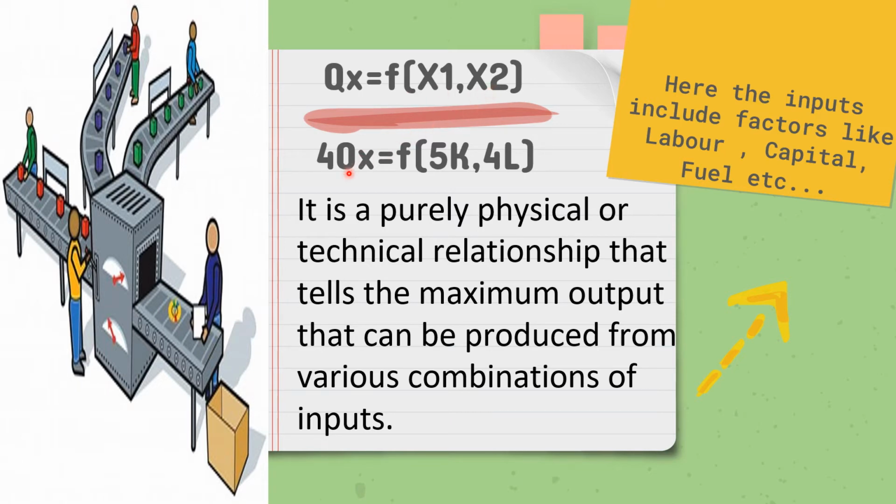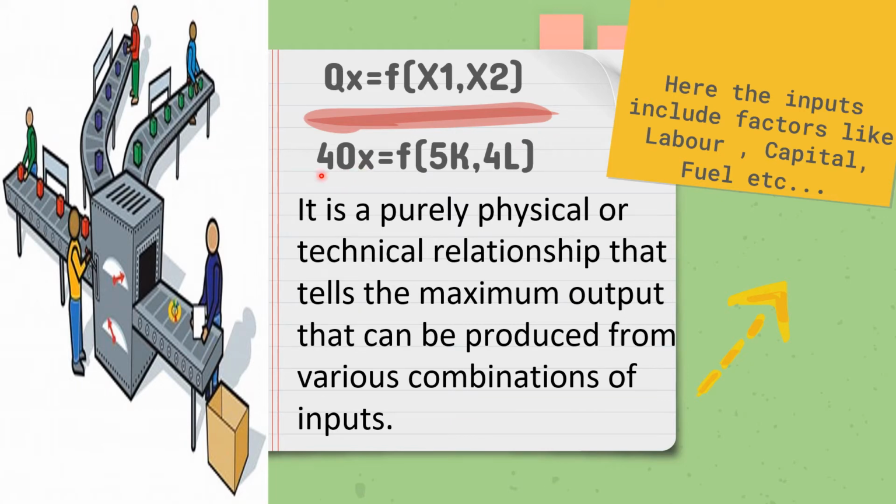Let me explain with the help of an example. In this example, we say that 40 units of the output are produced, and this level of production is attained by using 5 units of capital, K stands for capital, and 4 units of labor, L stands for labor. So 5 machines and 4 laborers can bring about an output of 40 units of the product.